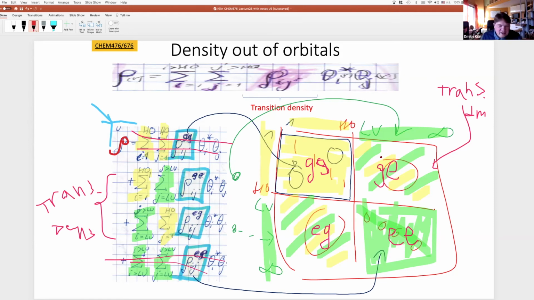When both indices are smaller than HOMO, highlighted here in yellow, it will correspond to ground. When both indices are larger than LUMO, we highlight them in green, and they will correspond to excited. And when one index is below HOMO and another above LUMO, it's a transition density, because it corresponds to transition from ground to excited.